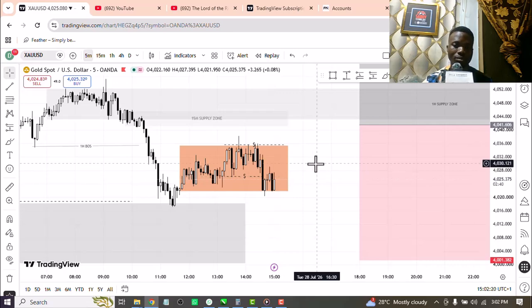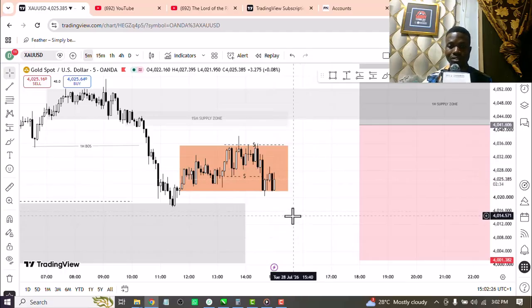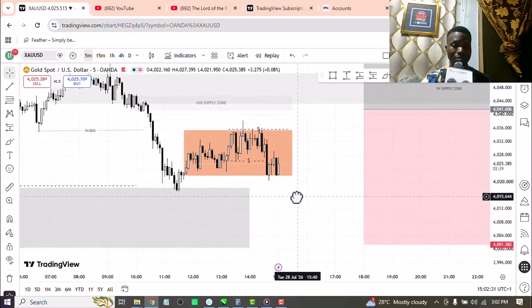I think I should just wait enough. This is 3 o'clock already, so this is 1 hour past the overlap session. Sincerely, I expect price to have started pumping right now, but you can see that price has not really moved significantly.